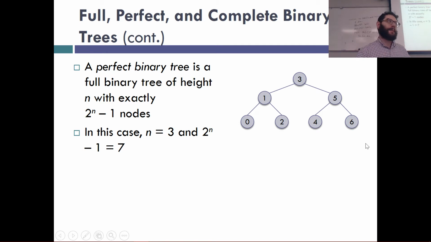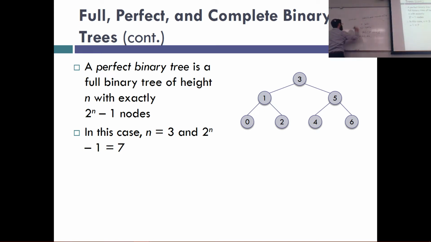So not only does everybody have either 0 or 2 children, but the bottom level is completely full, and so every level is basically even. Visually, it's easy to understand, but there's the mathematical definition for it. If you're at height n, you have 2 to the n minus 1 nodes. Okay, does that make sense to everybody? You can easily visualize what a perfect tree looks like.